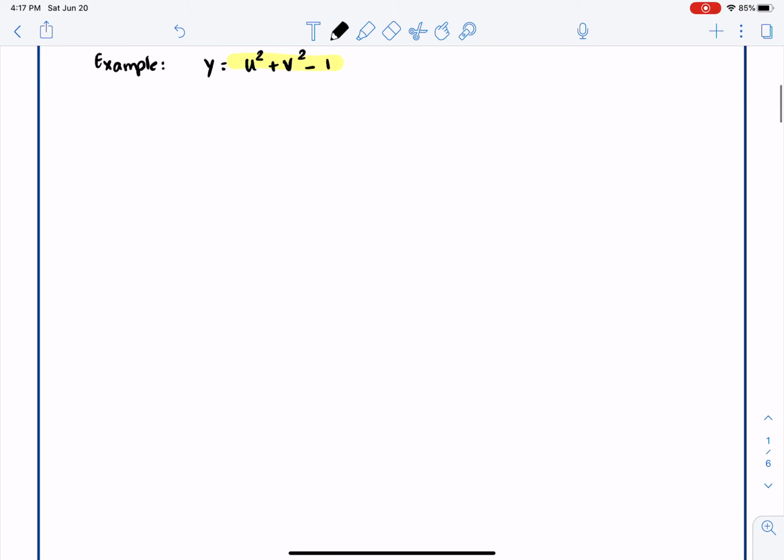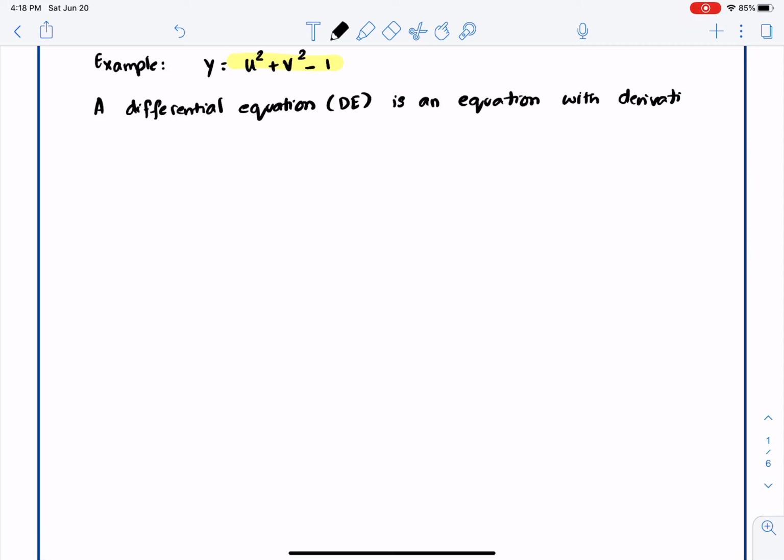Naturally, a differential equation, we write it as DE, is an equation with derivatives of one or more functions in one or more independent variables.